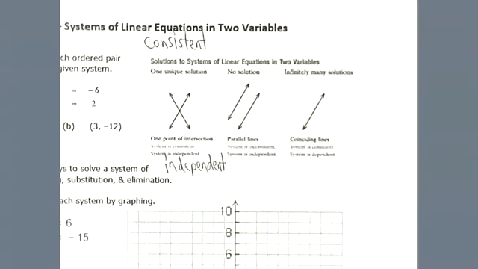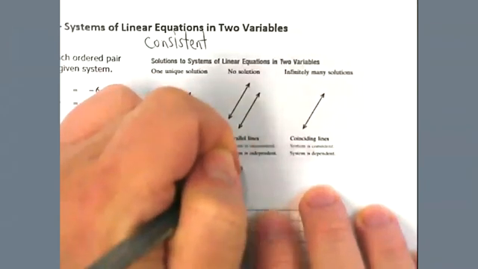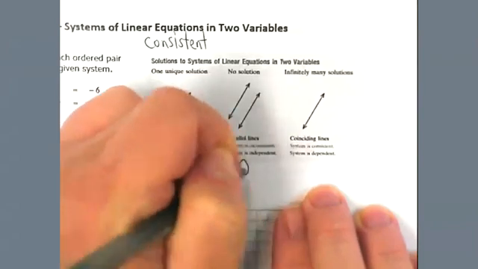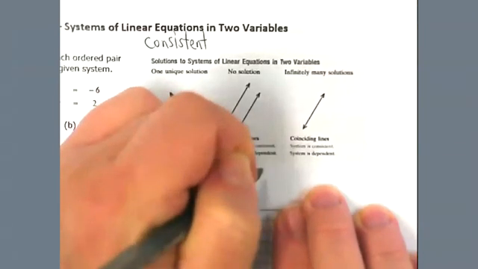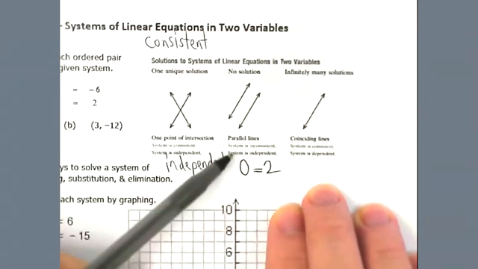If your two lines are parallel, or if you work out a system by another method besides graphing and get a false statement at the end, something like 0 is equal to 2 or something similar, then that means you have no solution.